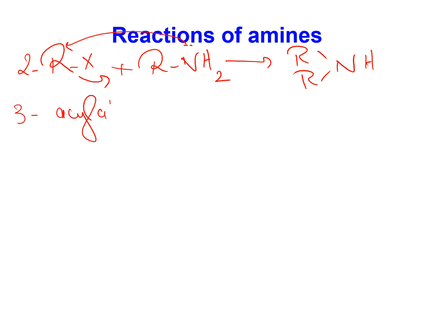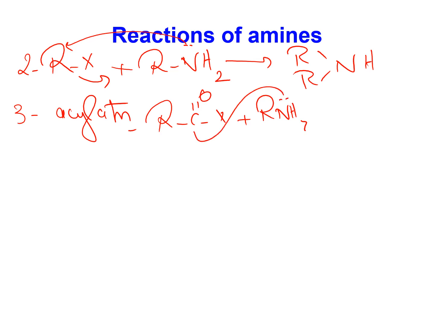So we have the alkylation and we have the acylation of these compounds, where instead of using an alkyl halide, you use an acid halide. This, when reacted with amines, will produce the amides. So you can produce an amide through regular acylation of amines.